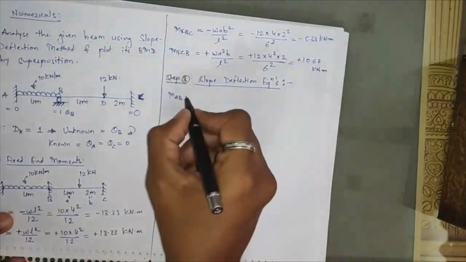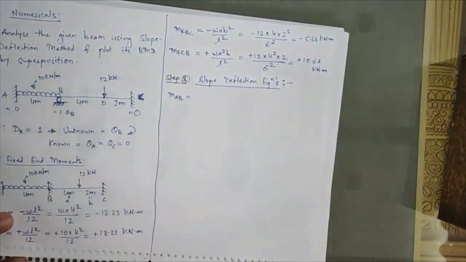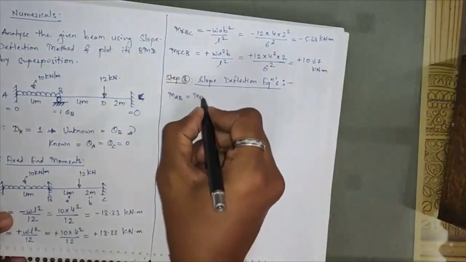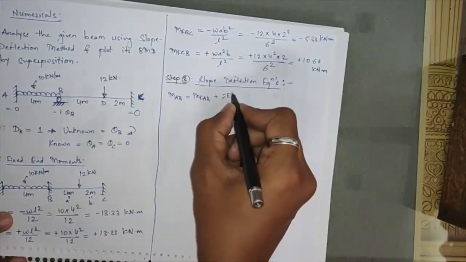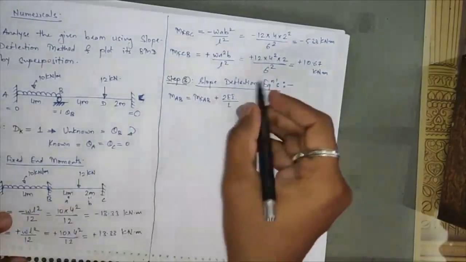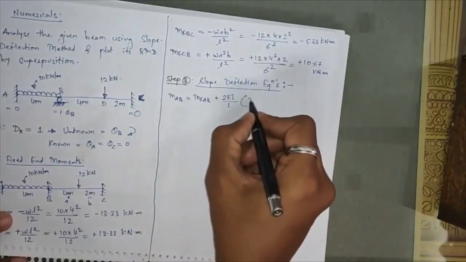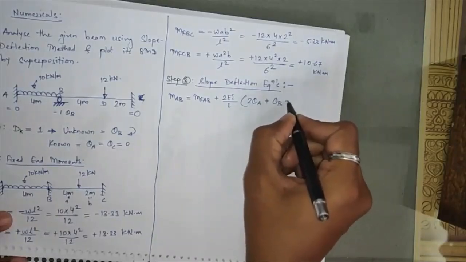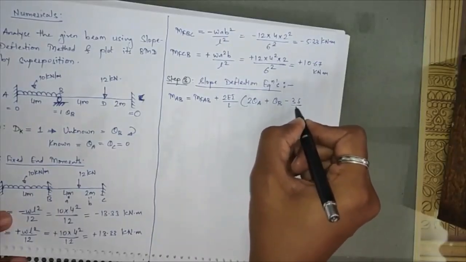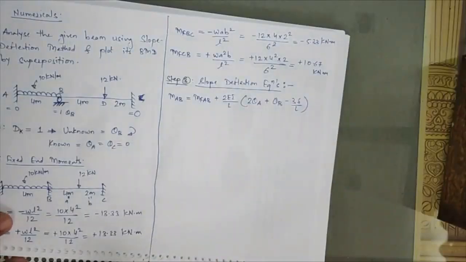What is our basic slope deflection equation? MAB is equal to MFAB plus 2EI divided by L into bracket 2 theta A plus theta B minus 3 times delta divided by L. Initially we'll consider the negative sign here.